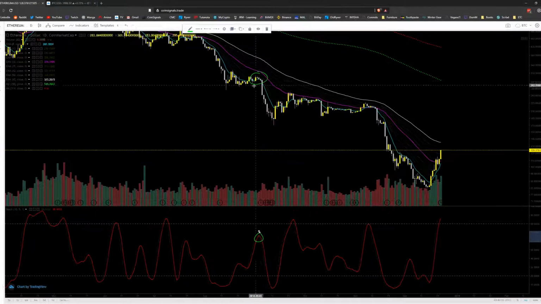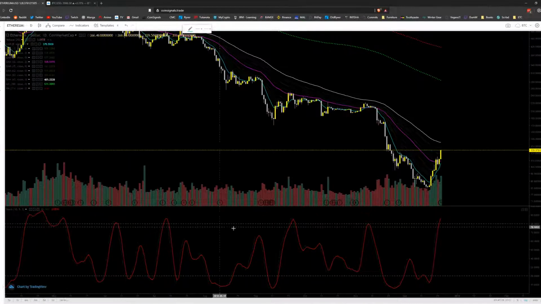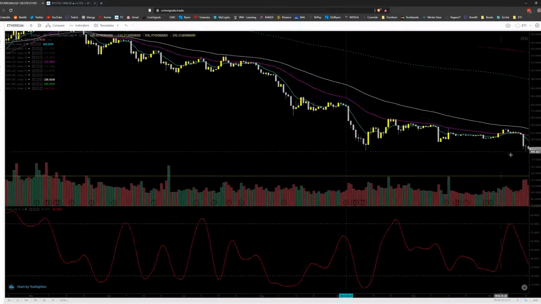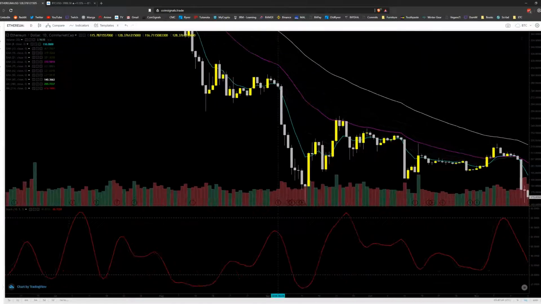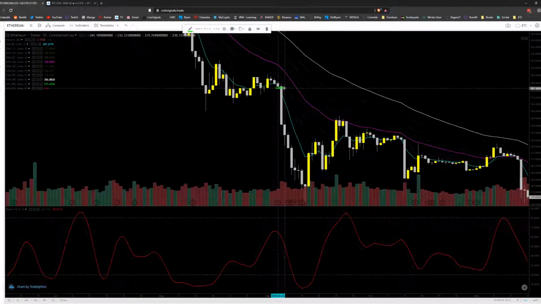And again, the same concept of using the 4-hour applies, right? If we check out here, when the actual cross occurred, that has you selling maybe in the 285 area.